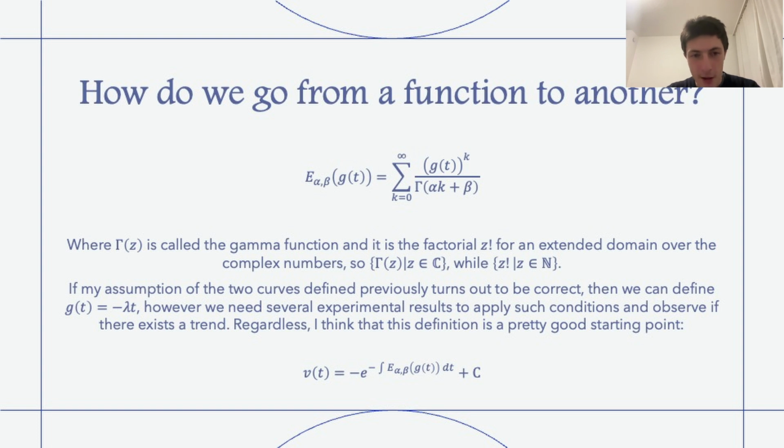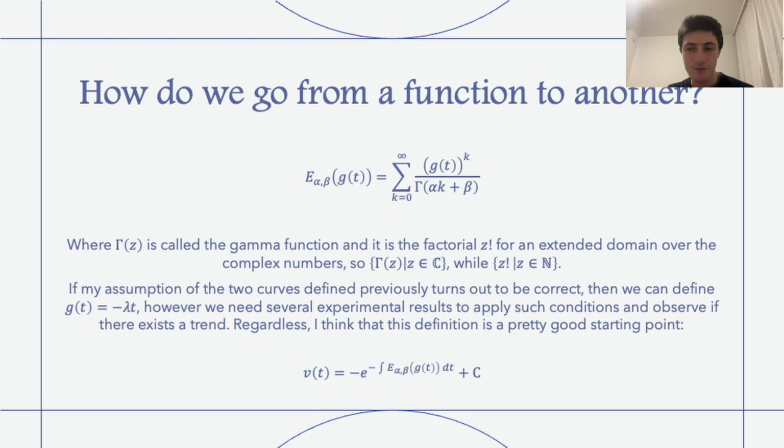So if my assumption that the two curves defined previously, the hyperbolic cosine and the exponential decay function, turned out to be correct, we can actually write those two functions with g of t equals negative lambda t. Lambda is just a factor, kind of the new k factor.